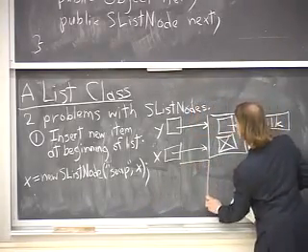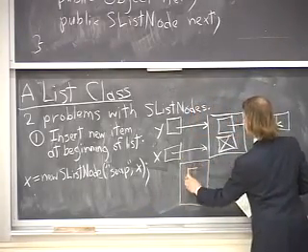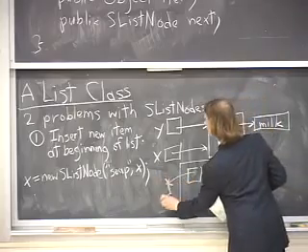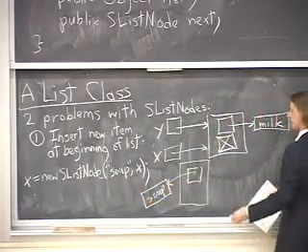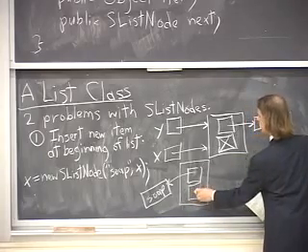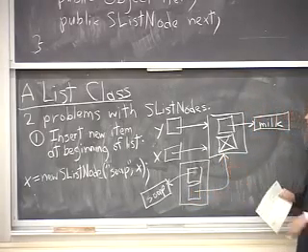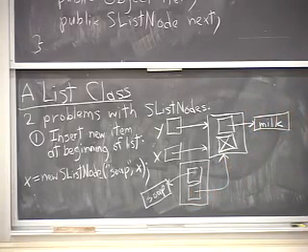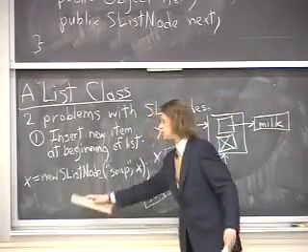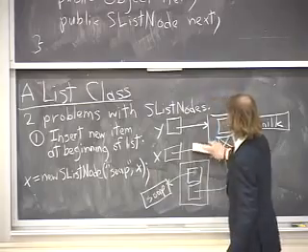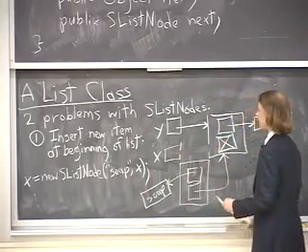It creates a brand new list node that points to soap and has a next pointer which points to the old value of x. And then, once that list node is created, it does an assignment to x of this brand new list node that I've just created.